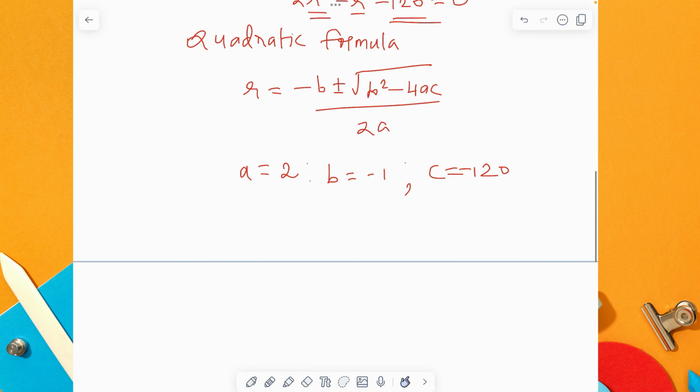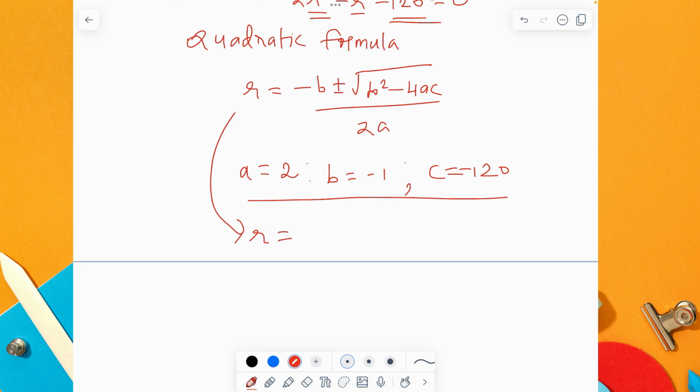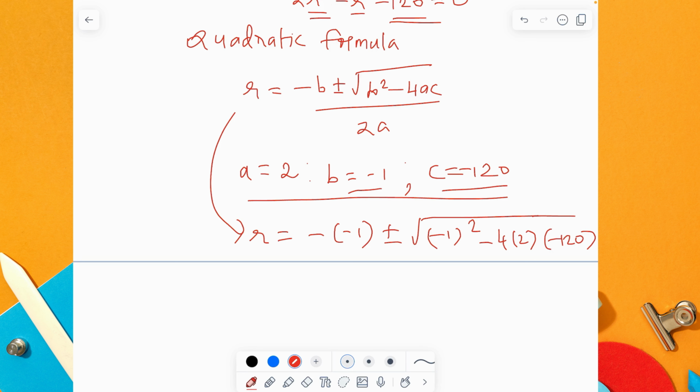So R is equal to minus of minus 1 plus or minus root of minus 1 the whole square minus 4 into 2 into minus 120, divided by 2 into 2.